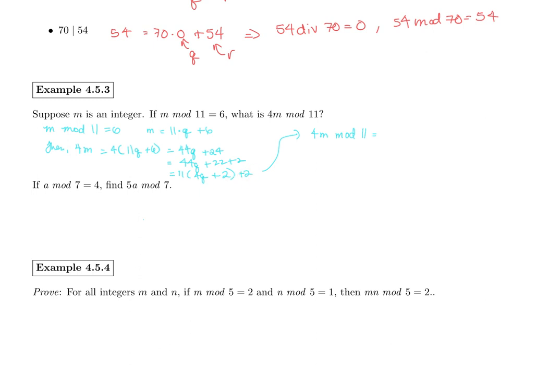So 4m mod 11 equals 2, because 4q plus 2 is an integer, and 2 is between 0 and 11.